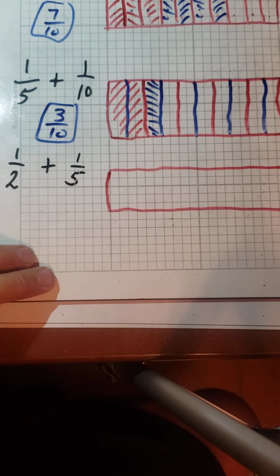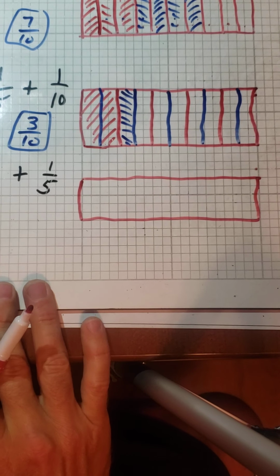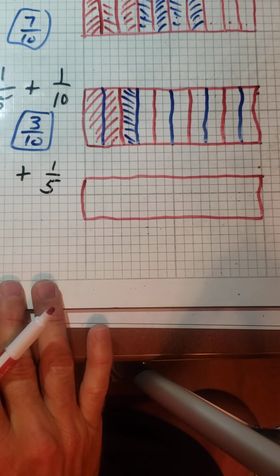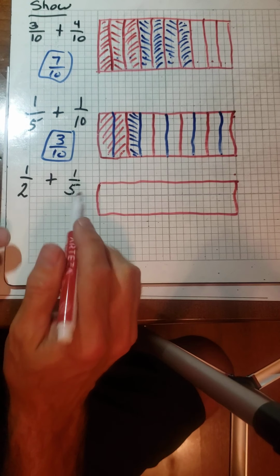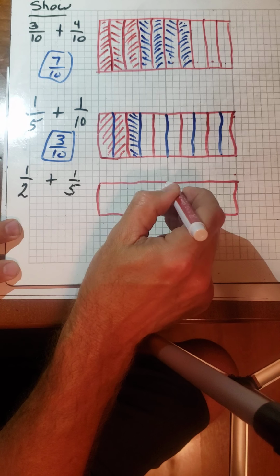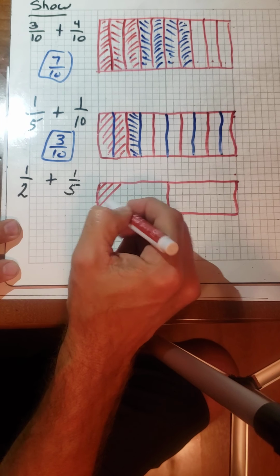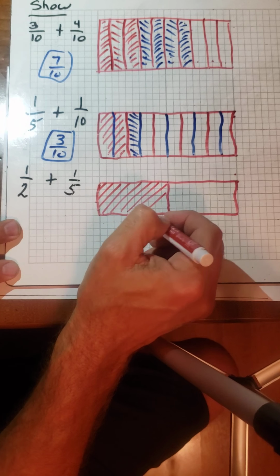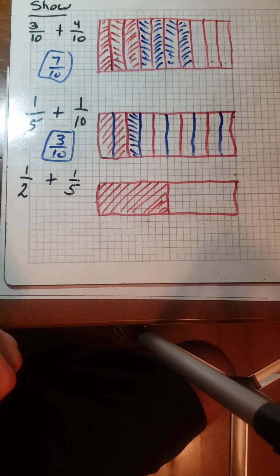And so on this one, it says that I want to draw, I'm going to zoom out just a tad. Okay, I'm going to color in 1/5, or excuse me, 1/2. So here's half of my box like that, and I'm going to go ahead and color that side in. So there is my 1/2 of the box.